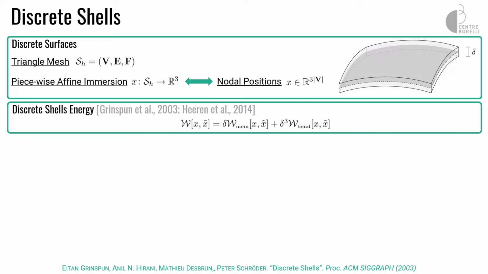So if you think about, for example, a sheet of paper, it has a very small thickness, and this would be this delta. And as you can see, it has different scalings: membrane scales linearly, and then the bending part scales to the power of 3. This also describes thicker objects. Then, for example, bending becomes much more expensive, which is something you can also experience in real life. But relative to membrane distortions, if it's very thin, then bending becomes very cheap.